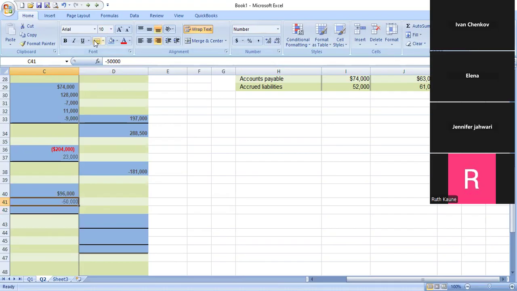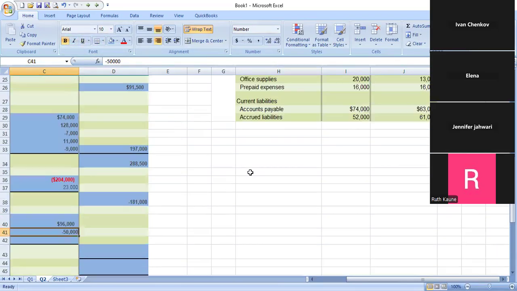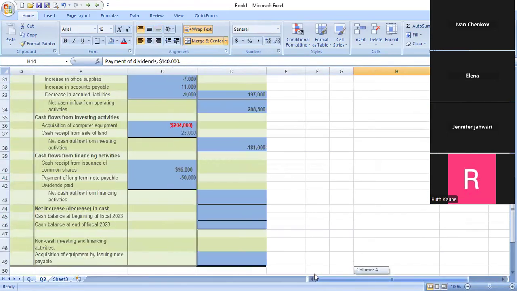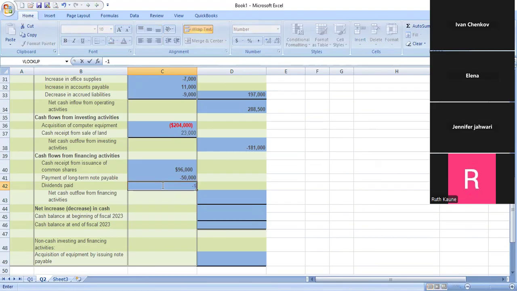When you pay long-term debt, that will be negative, definitely. The next one is the payment of dividends, $140,000. Now, it doesn't specify if it is cash dividend or whatever dividend, but naturally you assume that in the normal course of action, they are just paying that $140,000 as a cash dividend, and that's all. One more zero here.